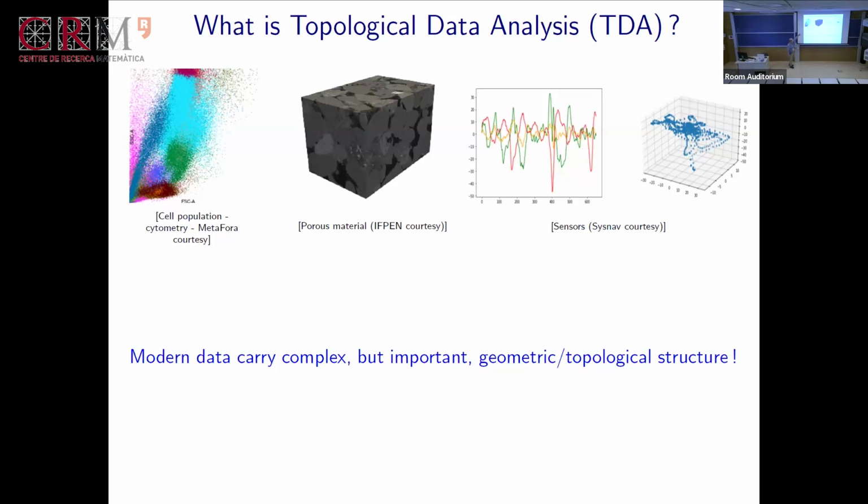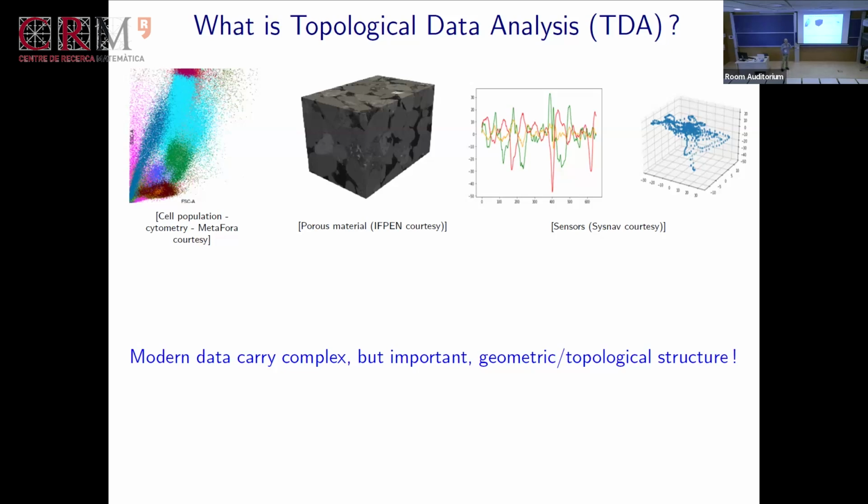For example, here, this point cloud is coming from some application in cytometry. What people want to do is to be able to segment, clusterize this data in such a way that each point represents a cell in a blood sample, and people want to distinguish different groups of cells.